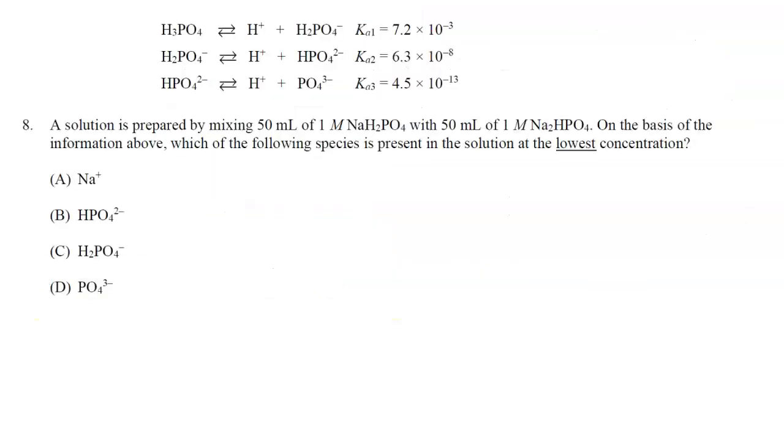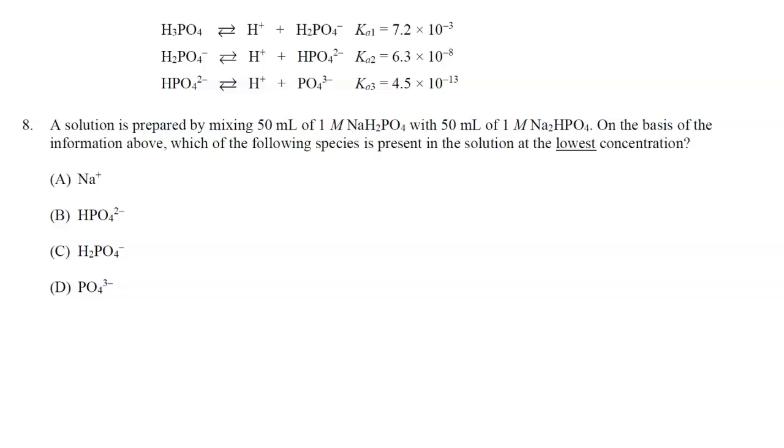Now let's take a look at question 8. In question 8, it says, a solution is prepared by mixing 50 milliliters of a 1 molar solution of NaH2PO4, that's called sodium dihydrogen phosphate, with 50 milliliters of a 1 molar solution of Na2HPO4, that's called sodium hydrogen phosphate.